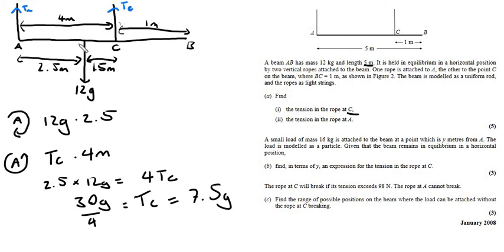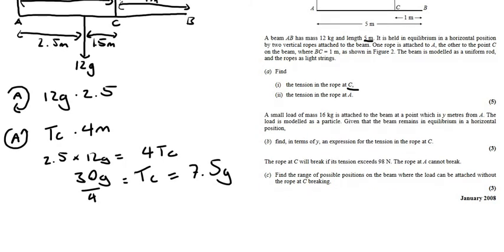So how do we find A? Well, now that we have the tension at C, let me just make a tiny bit more space here. We know that the tension here plus the tension here is going to equal this force here, because it's not moving.